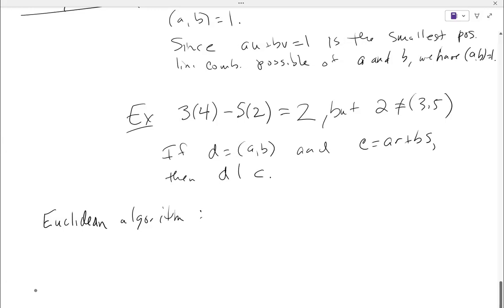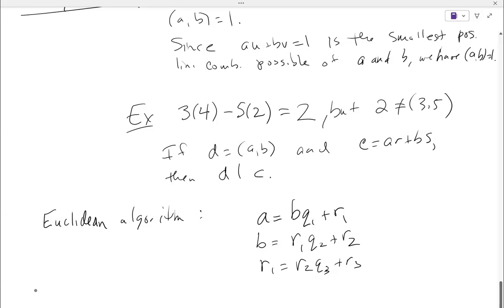So if you want to do the GCD of A and B, divide the smaller into the bigger. Then take your remainder that you just got and divide again. Then do it again.